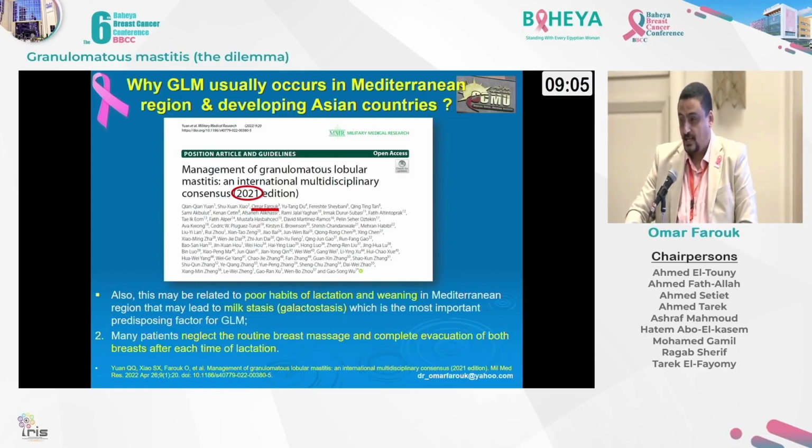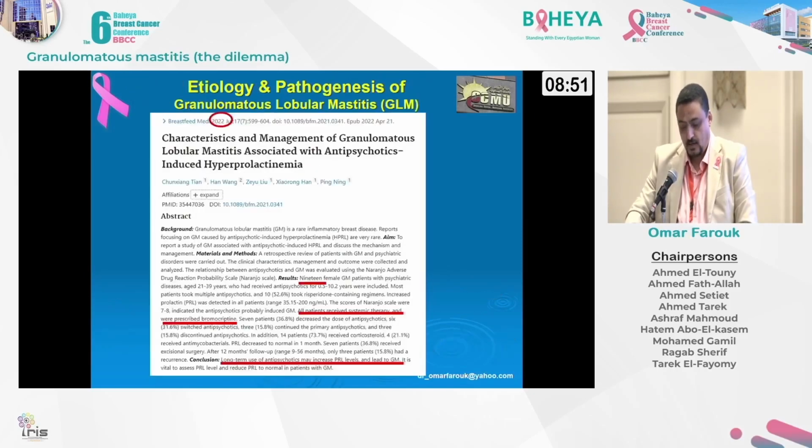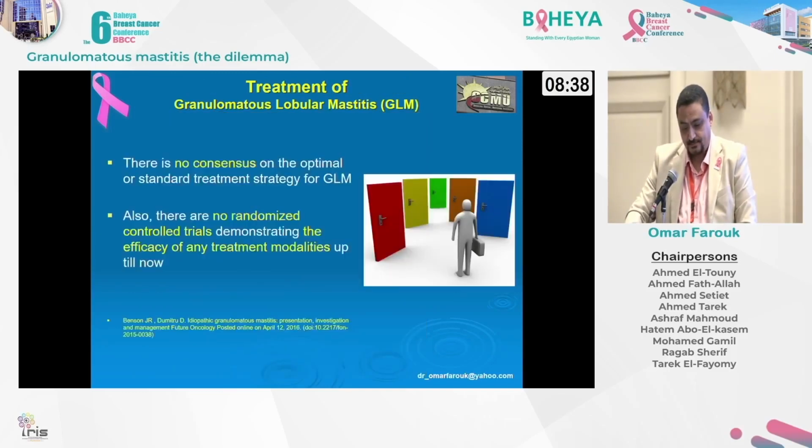Also, many patients neglect the routine breast massage and the complete evacuation of both breasts after each time of lactation, and bromocriptine therapy during the first weeks of weaning. Another cause for the disease is long-term use of antipsychotics that may increase the levels of prolactin, and here bromocriptine should be indicated.